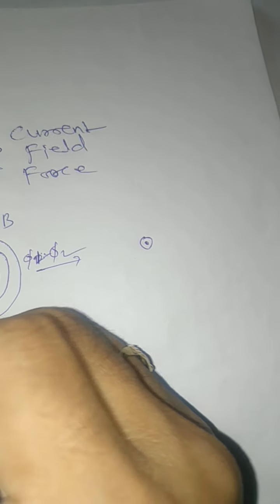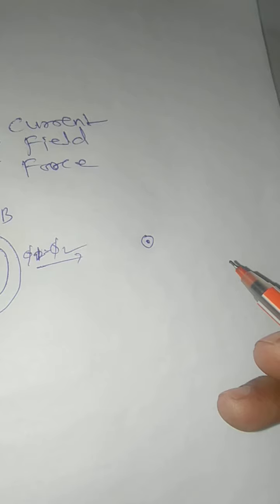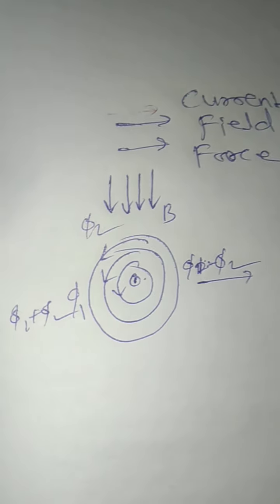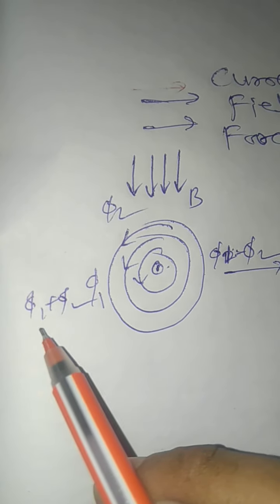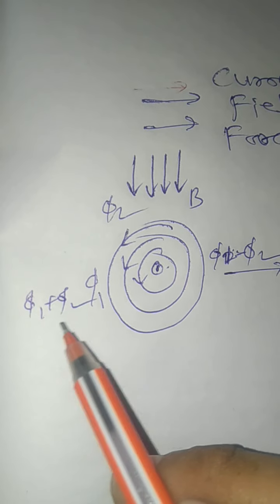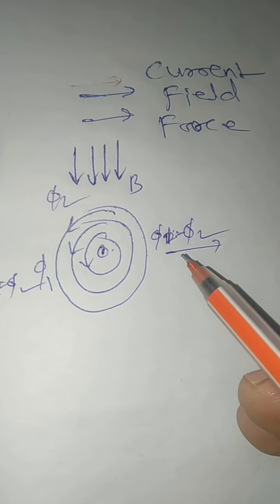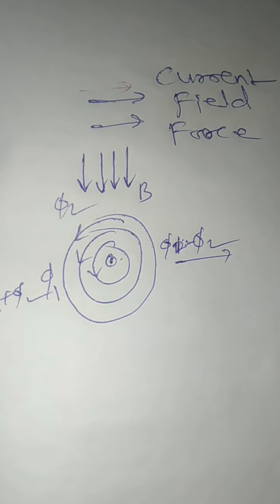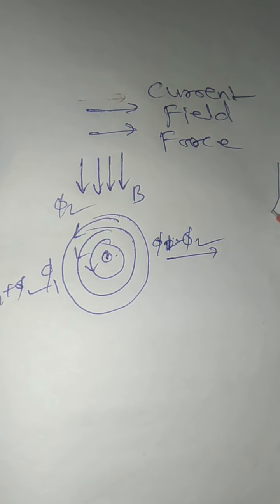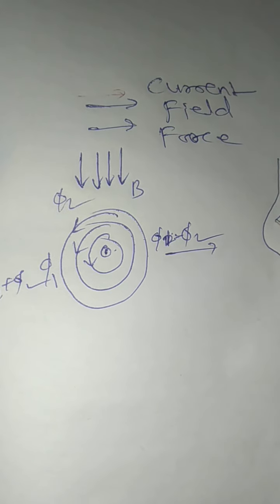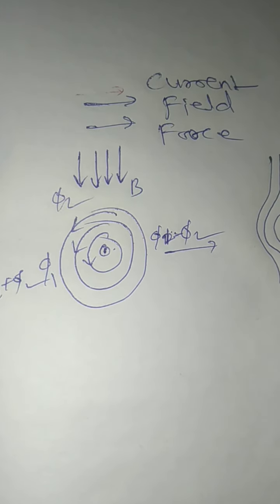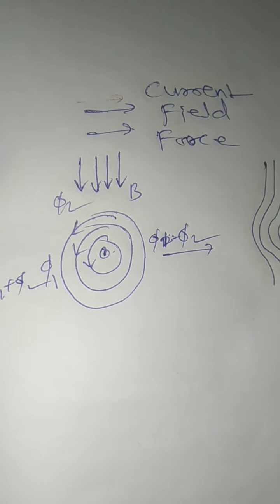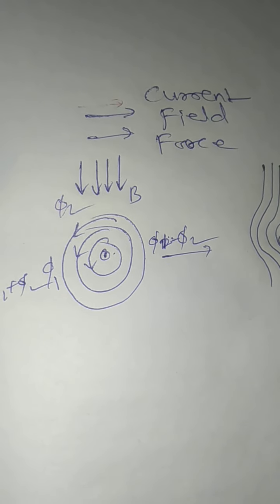So on this side the flux will be adding, and here the flux will be subtracting. So all the flux will pass from here, and a little flux will pass from this side.